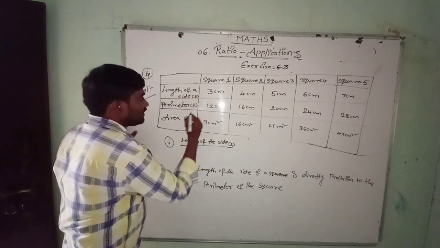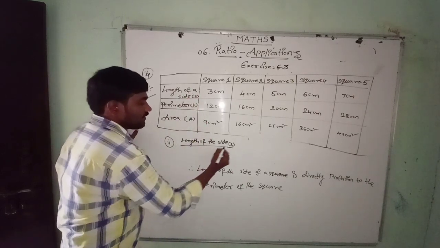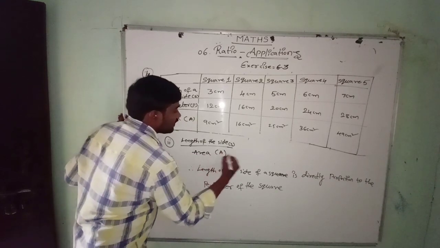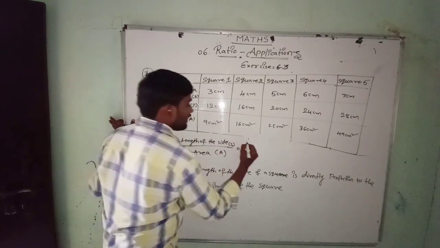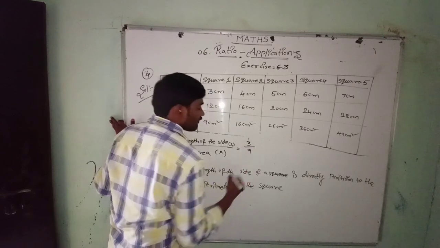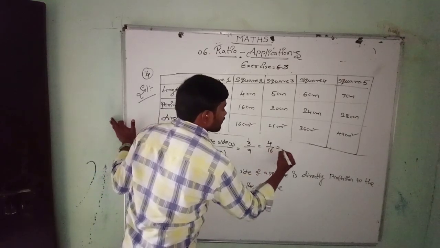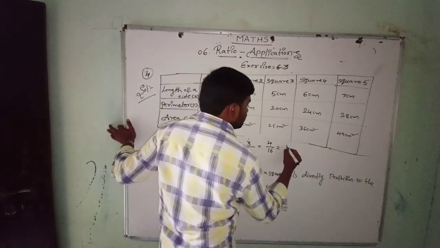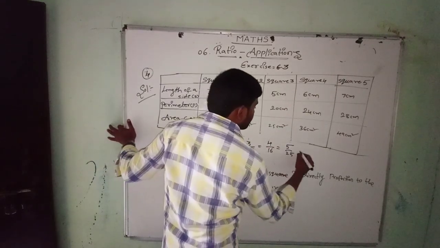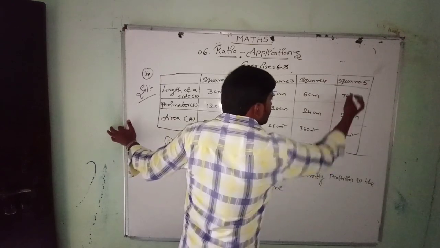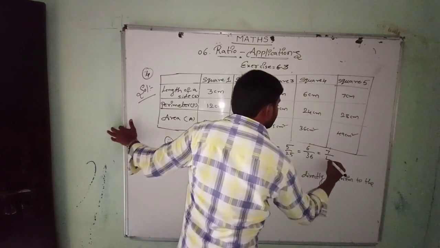Length of the side by area, that is A, let us find out: 3/9, let us make it 4/16, 5/25, 6/36, equal to 7/49.